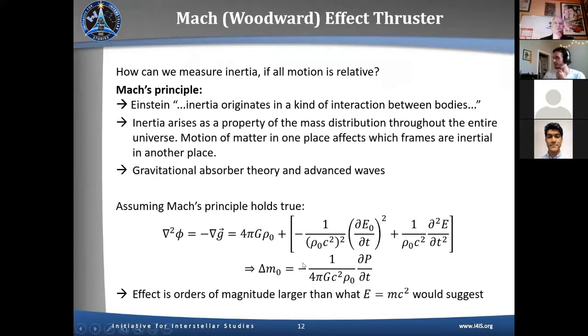And if we neglect this first term because it's low order and usually very small, and you integrate over a power cycle of some device, you can write an equation like this, where you have a delta in rest mass equal to negative some constant times the time change in power.